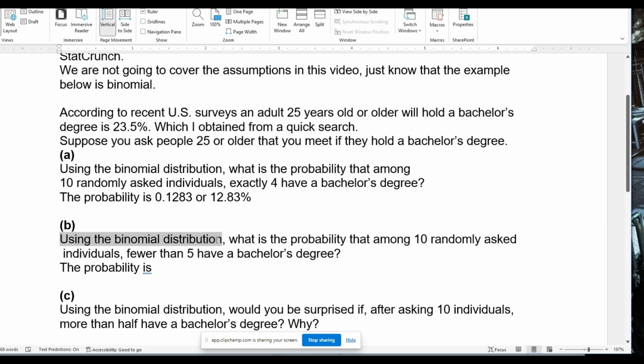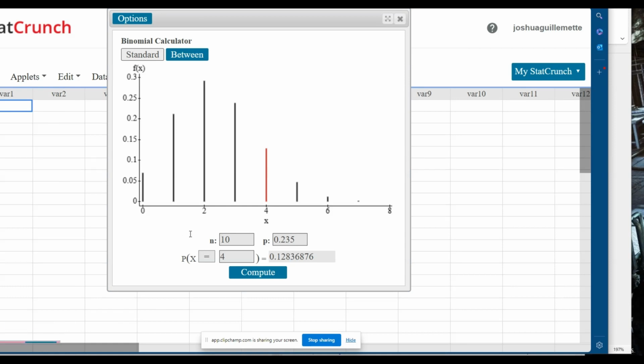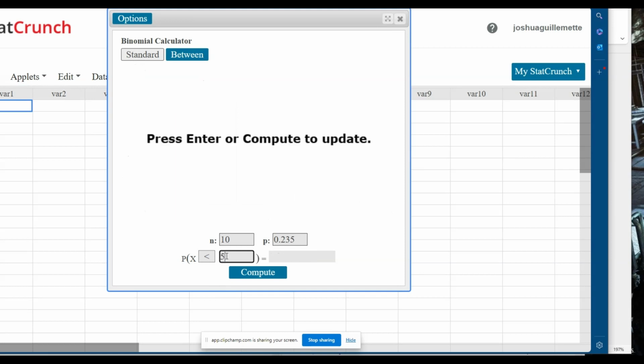All right. Now, part B. Using the probability distribution, what's the probability that among 10 randomly asked people, fewer than 5 have a bachelor's degree? So what's the probability that fewer than 5, right? Fewer than 5 is going to be less than. So it's got to be strictly less than 5.